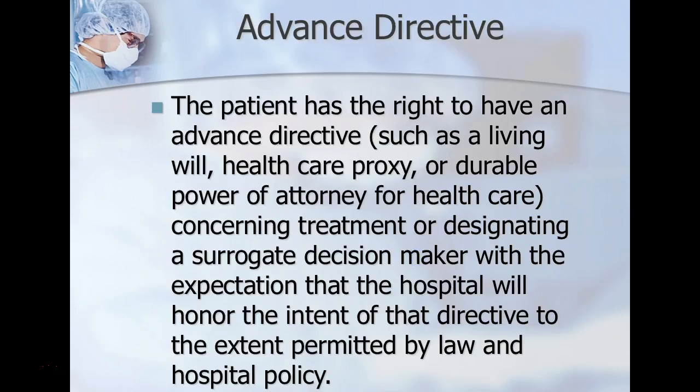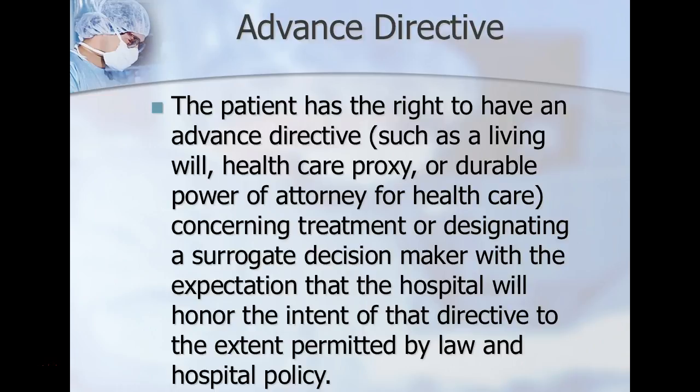What advanced directives do is they allow a patient to say what's going to happen to them if they're unable to make their own decisions. Now, for a patient who is getting towards the end of their life, or has a terminal illness that is going to make it so they can't make their own decisions, they can create a living will which says what they want done, what they don't want done.